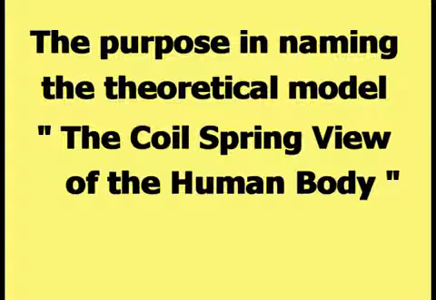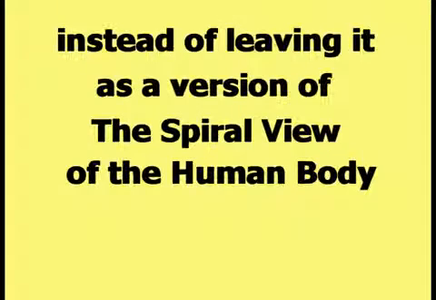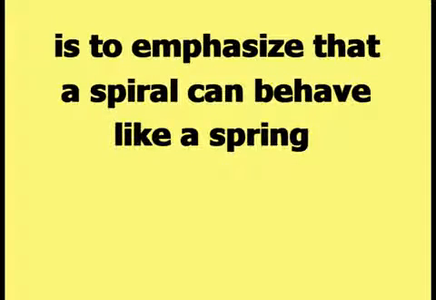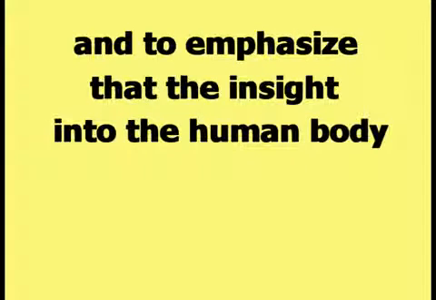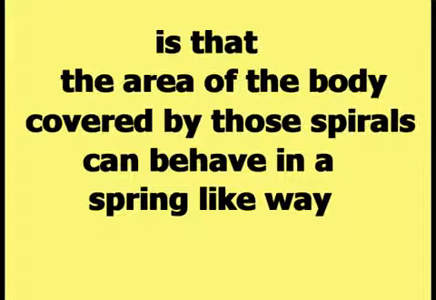The purpose in naming the theoretical model the coil spring view of the human body, instead of leaving it as a version of the spiral view of the human body, is to emphasize that a spiral can behave like a spring, and to emphasize that the insight into the human body, provided by the set of spirals that make up the coil spring view of the human body, is that the area of the body covered by those spirals can behave in a spring-like way.